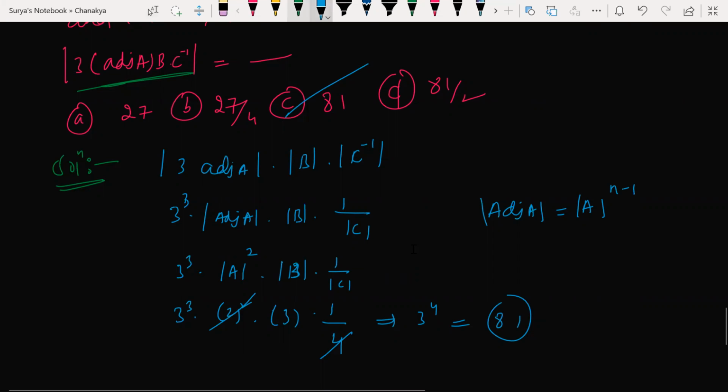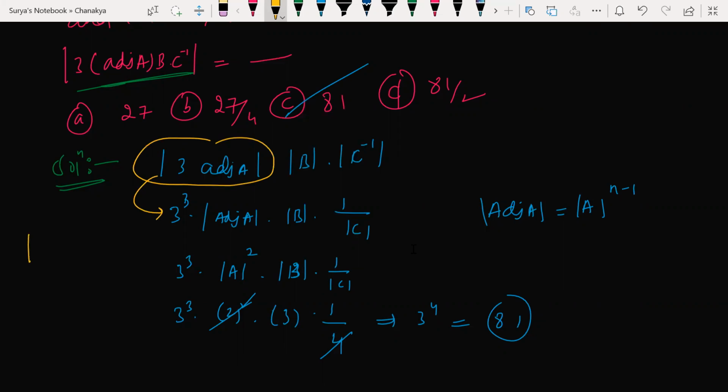See here, what I did here. Many of you might be thinking how I wrote this step like this. But I used a concept called determinant of K into A is equal to K to the power of n into determinant of A. Same thing I wrote. K is 3 here, so 3 to the power of n. What is n? Order of matrix, which is 3, into determinant of A, which is determinant of adjoint A. So this as it is I wrote.